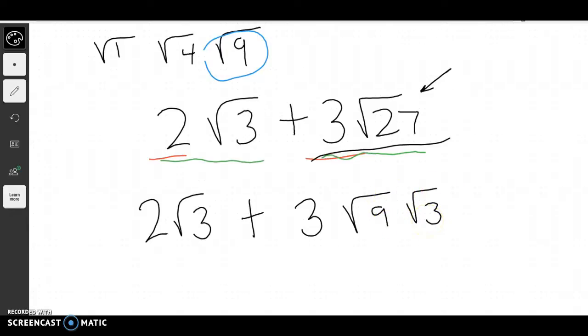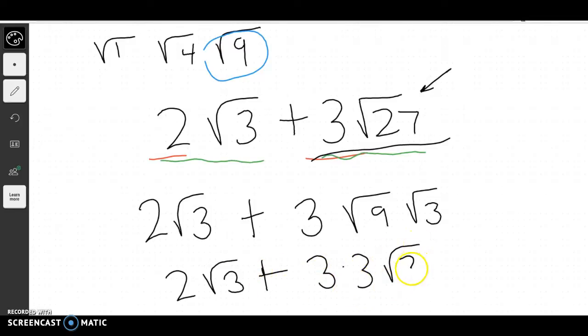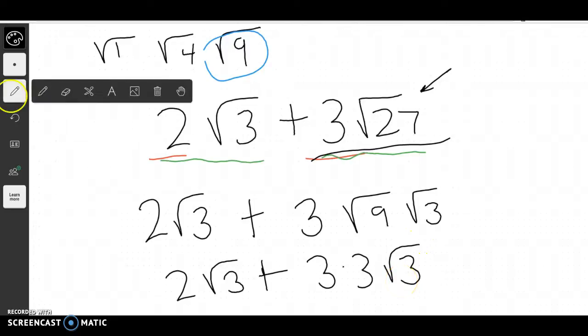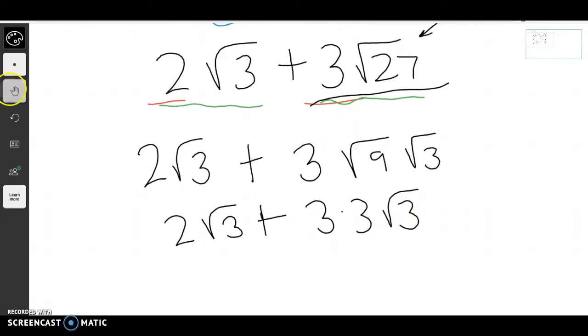Well, I know the square root of 9 is 3. So I'd have 2 radical 3 plus 3 times 3 radical 3. Whole bunch of 3's there. In the next example, I probably won't choose as many 3's, but that's okay. 3 times 3 gives me 9.